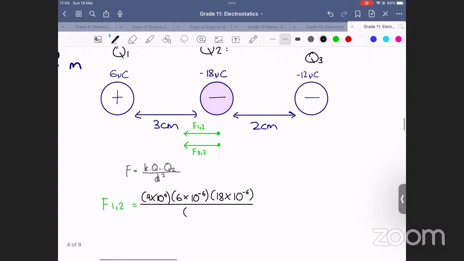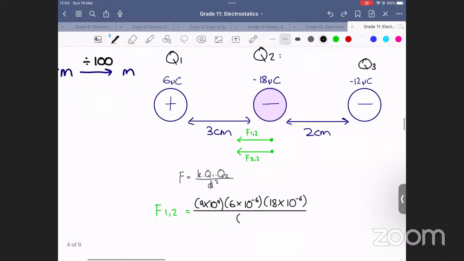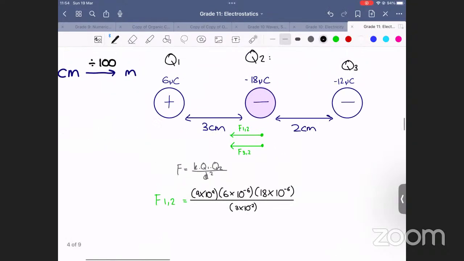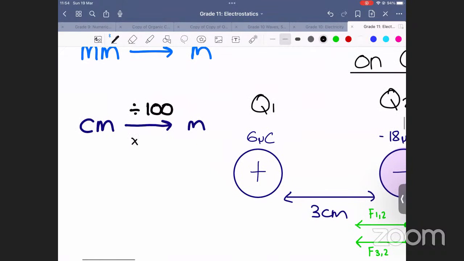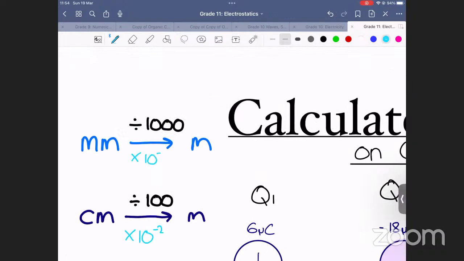There's multiple ways of doing this. 3 centimeters, you have to divide by 100 to get it to meters. So you can put 3 over 100 and then square it. You can put 3 times 10 to the negative 2, because that's like dividing by 100. I'm just going to say times 10 to the negative 2.